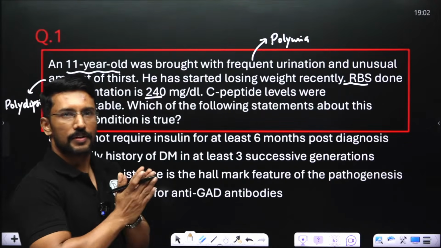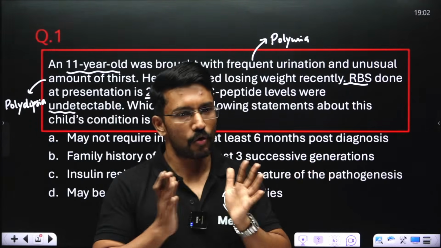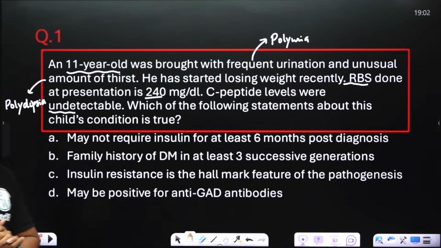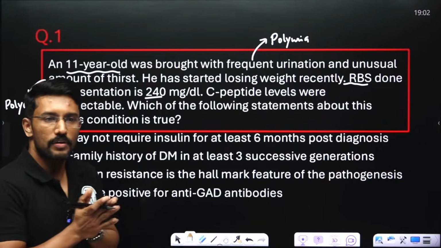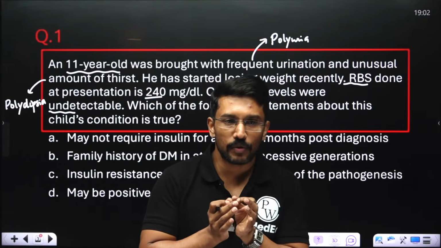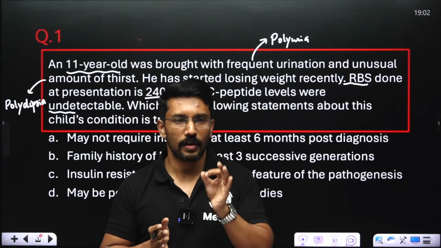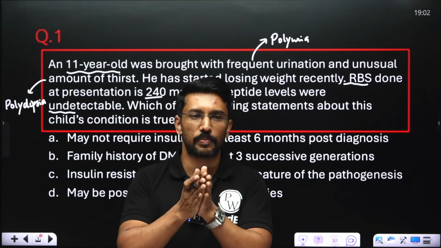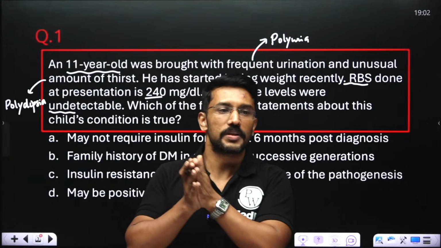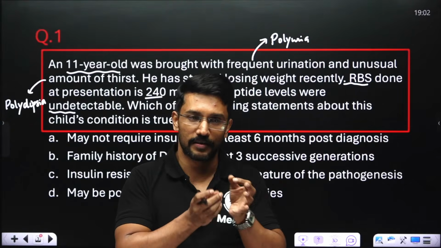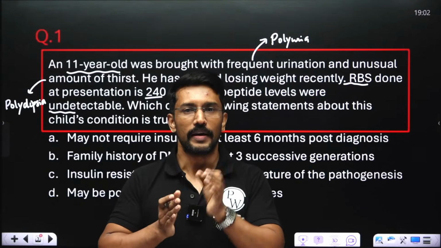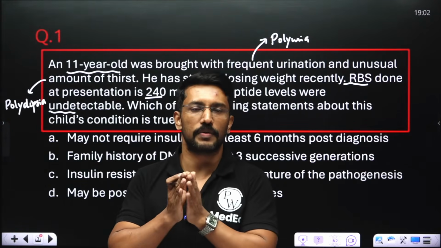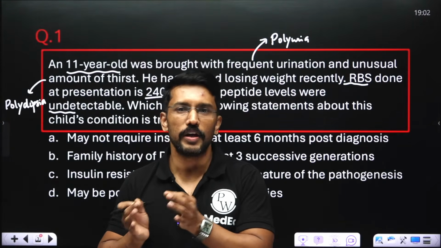So I have a first question. Is this patient having diabetes or not? Can I diagnose diabetes based on the criteria that we discussed in the previous class? What were the criteria? Fasting blood glucose more than or equal to 126 milligrams per deciliter, or 2-hour postprandial blood glucose, standardized with 70 grams of anhydrous glucose oral glucose tolerance, more than or equal to 200 milligrams per deciliter, or HbA1c more than or equal to 6.5%.